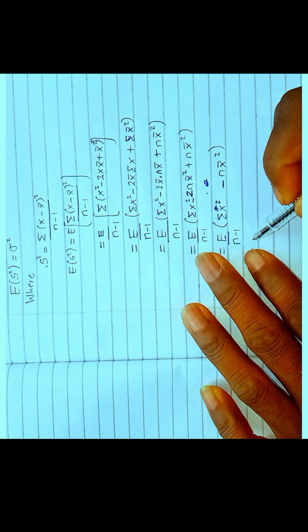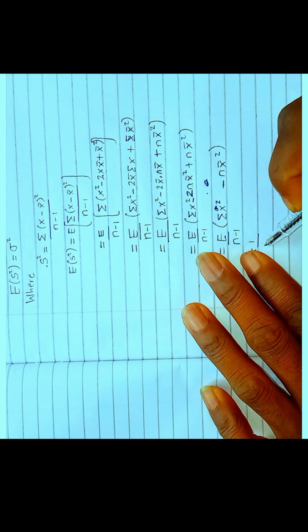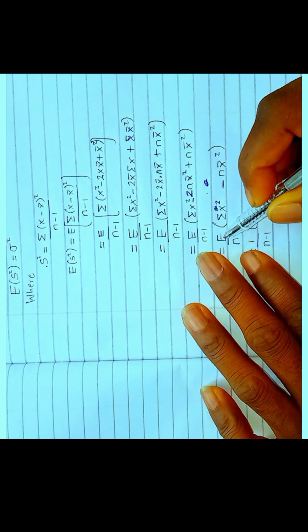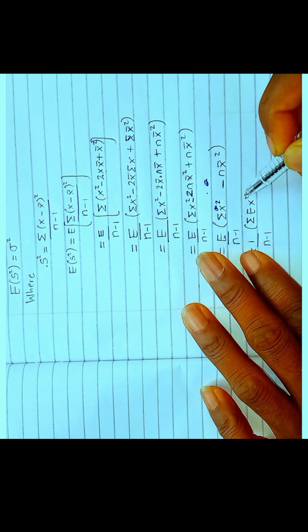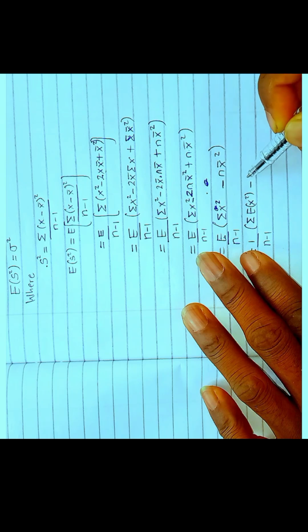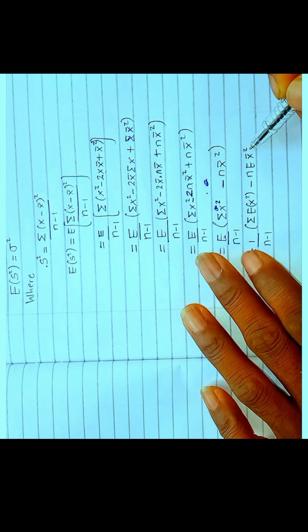We will now have it to be equal to 1 over n minus 1 bracket, E multiplying this will give us summation of expected value of x all squared, right? Minus n of expected value of x bar all squared, right?